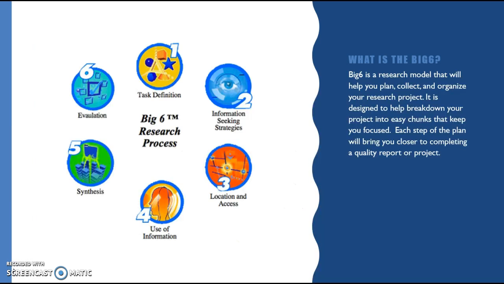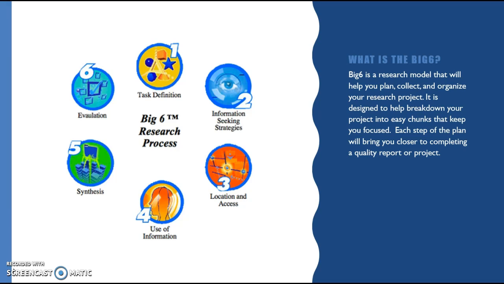Now, with all of that talk about the different standards that the Big Six research model will support, let's take a very brief look at what is the Big Six. Now, I will go into more detail during the actual lesson of each component of the Big Six.